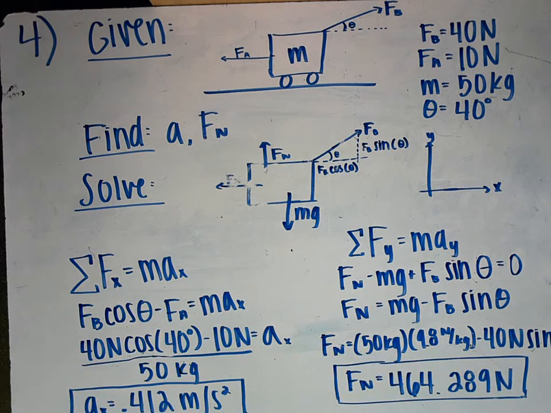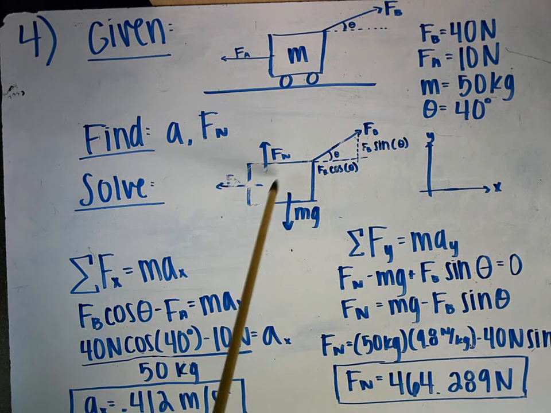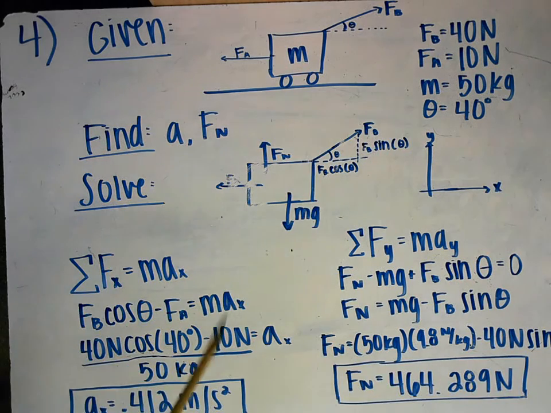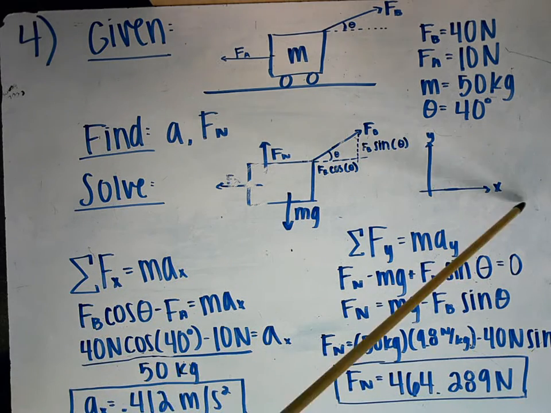Then the next step is to draw the free body diagram. Step 2. So here's the crate. We got an applied force, kind of got erased there a little bit, but we've got an applied force. We've got gravity. We've got the normal force, and then we have this applied force at this angle. And then step 3, draw your X and Y axes.